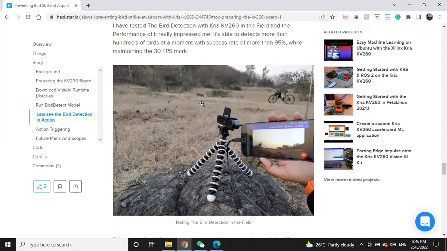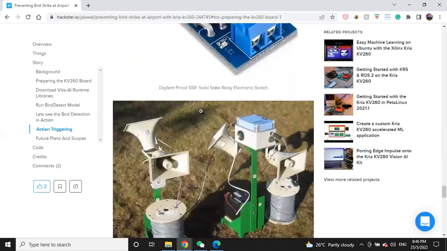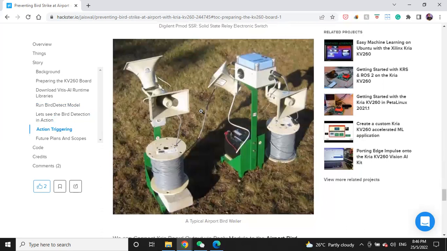They generally use shotguns and lasers to distract the birds and keep them away. Even if, suppose, an aircraft is going to land and the birds are still present at the spot or the point of interest, then this system can flag a go-around message to the pilots. So how can I interface that?